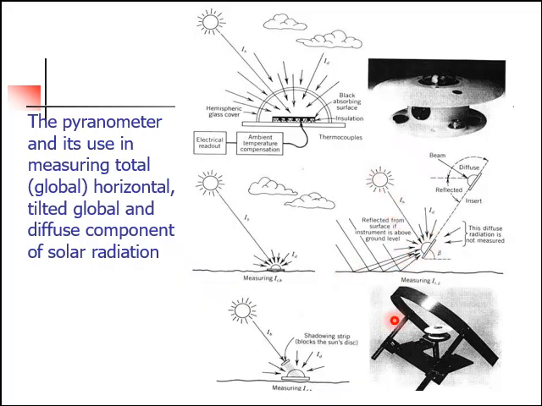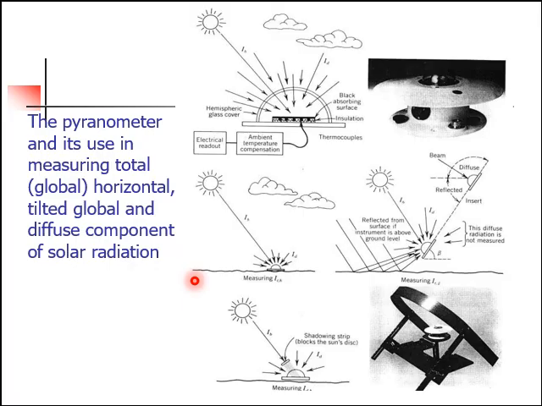So the direct beam plus the reflected beam, which is mostly diffuse as well, are all captured by the pyranometer. So when you get the data from the pyranometer, it is telling you all possible energy that is entering at that point.